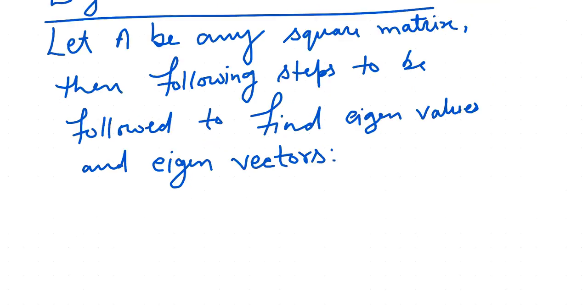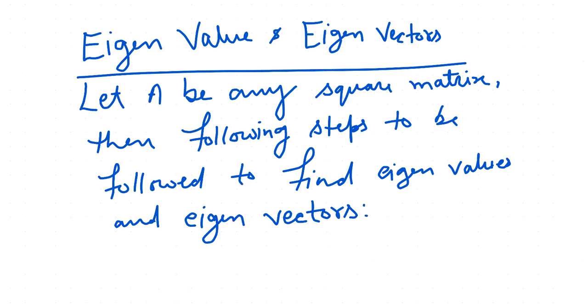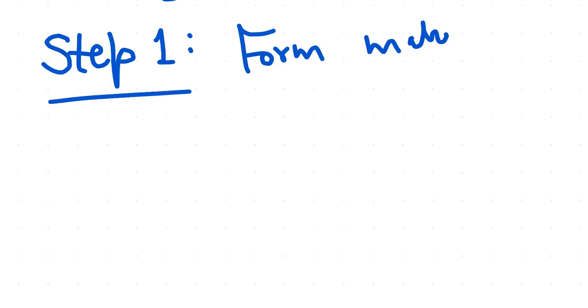First step, step one: form the matrix A minus lambda into I. This is the first step.